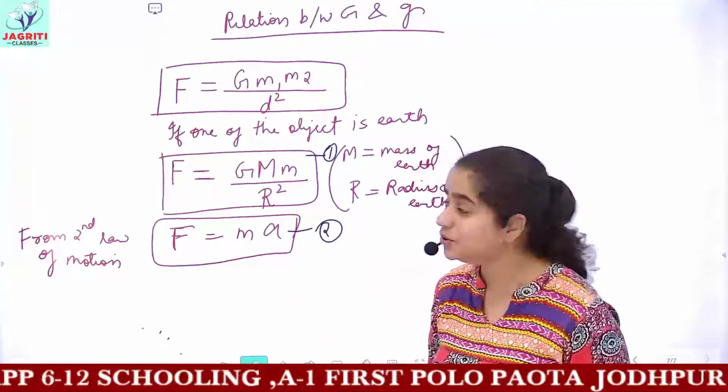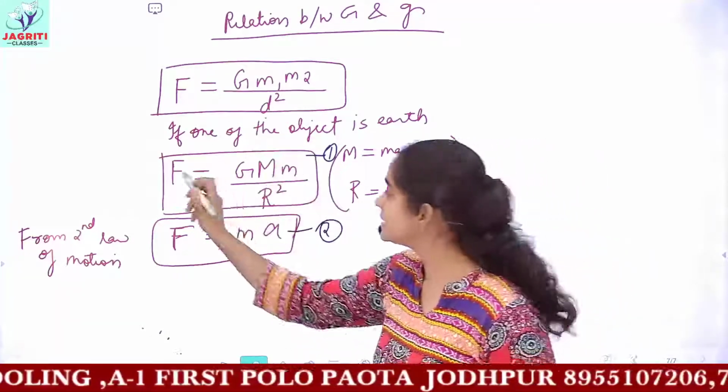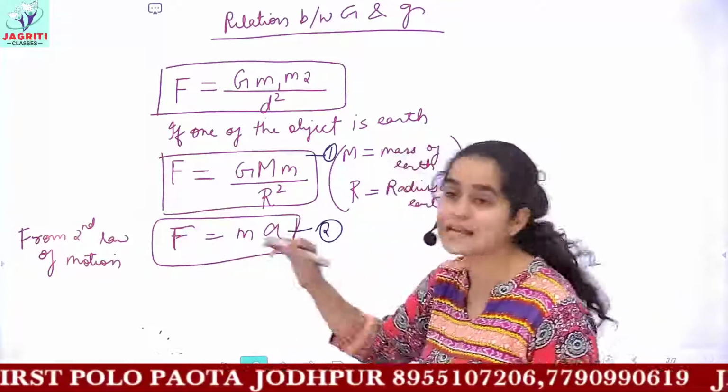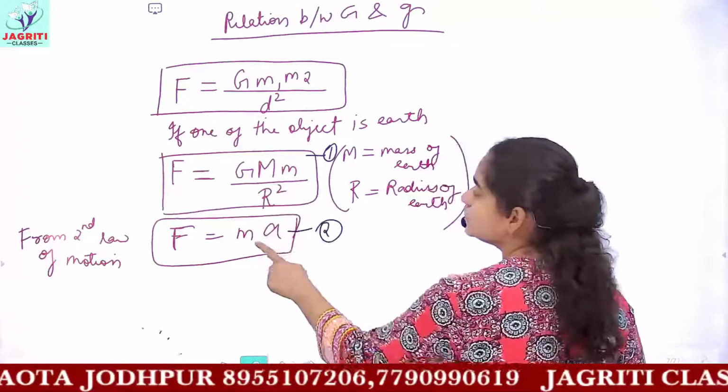So what I can do is equate both the equations to each other. This is F, this is also F. So if both these F are equal, then I can say GMm upon r square is equal to ma.